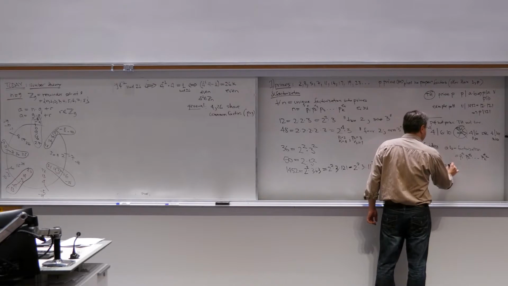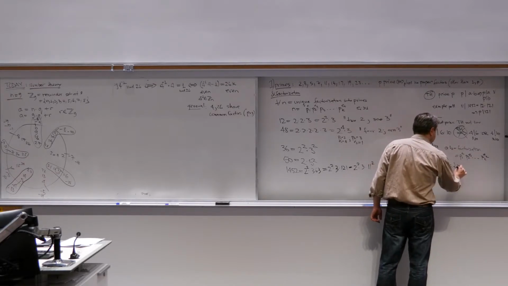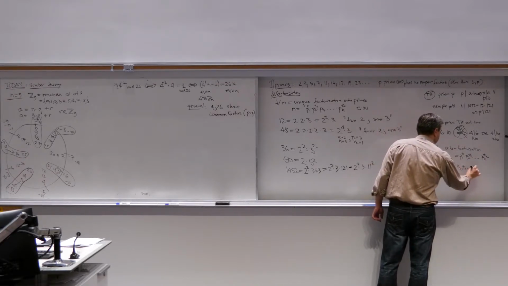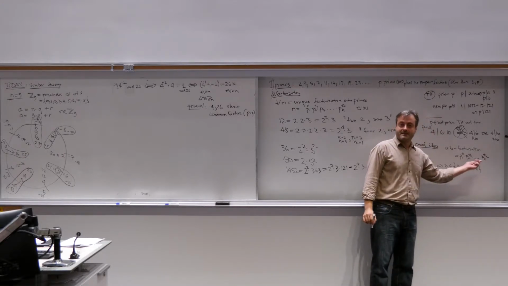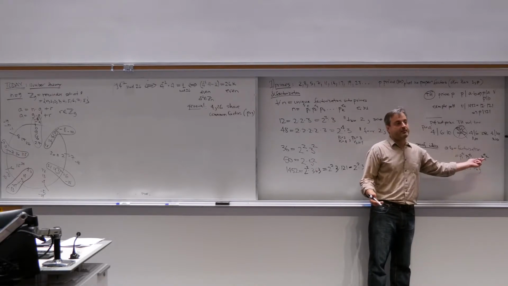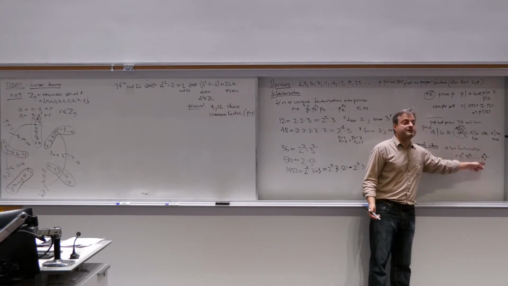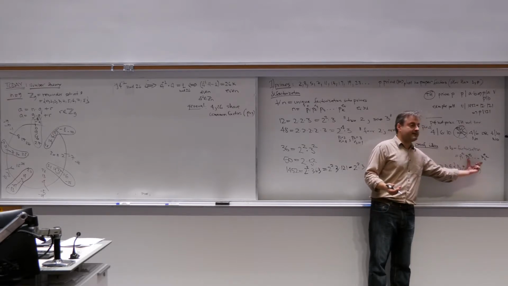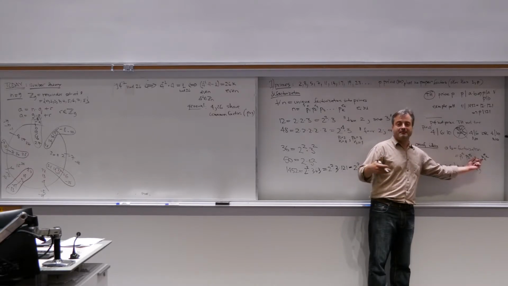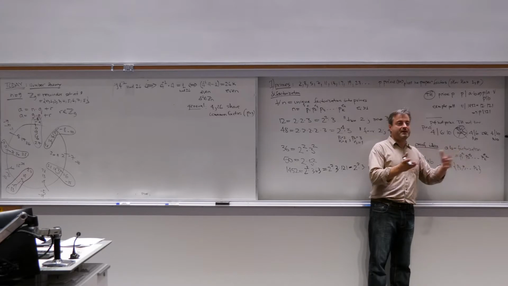I say P must be one of those prime factors. The only primes that divide this product are the primes that are in the product. If a prime, like for example 11, is not part of this product, 11 will not divide the product, right? The primes that are going to divide this are the primes you see. And every other divisor of this is a combination of those primes.